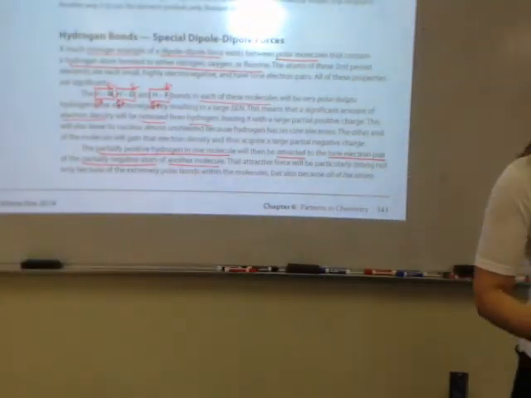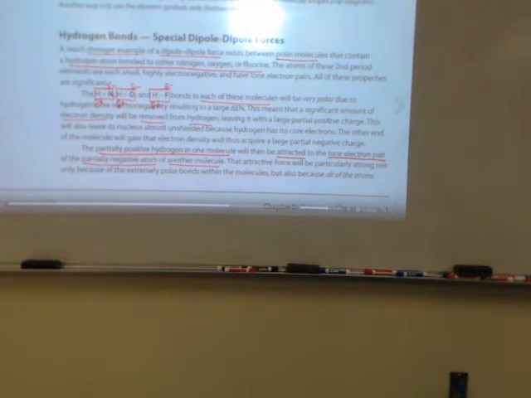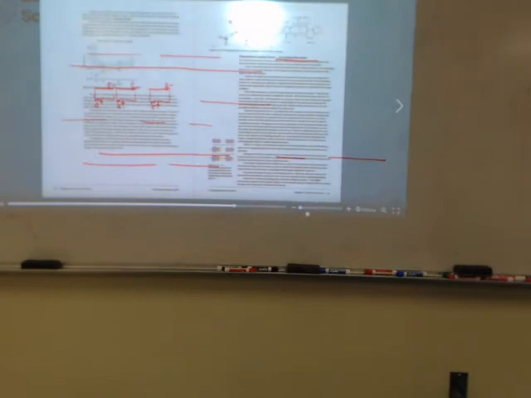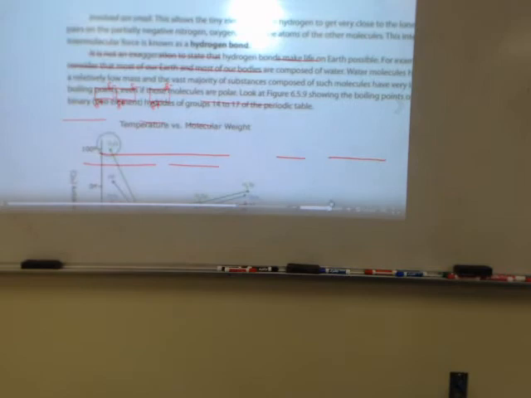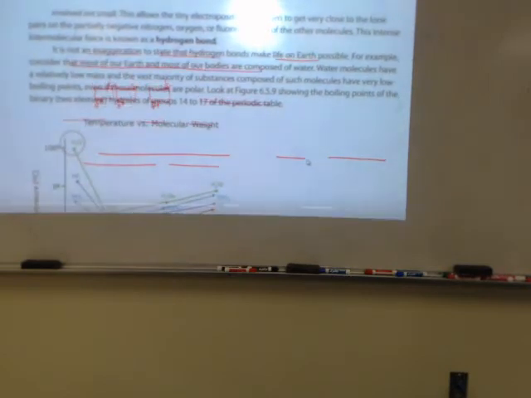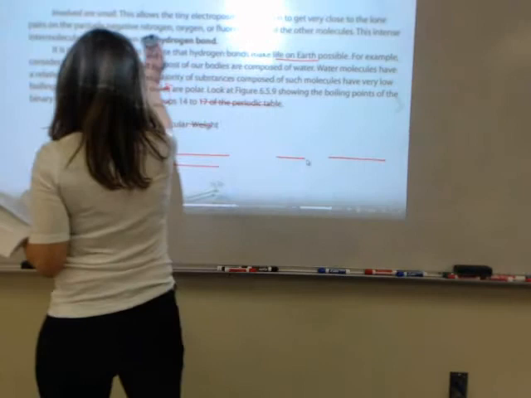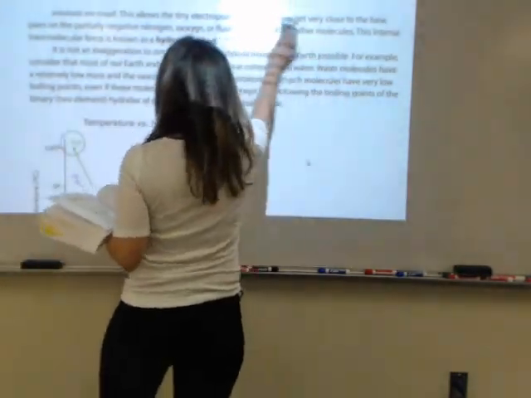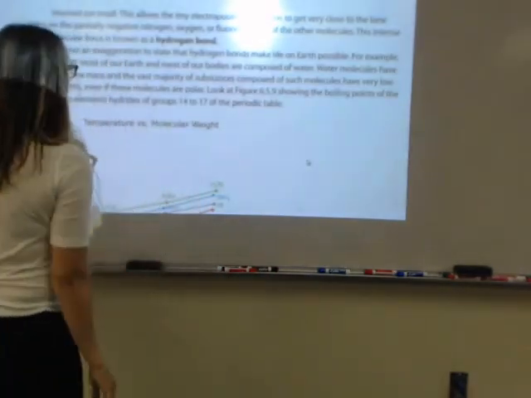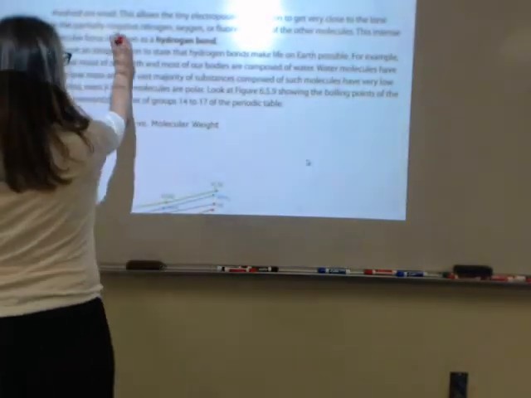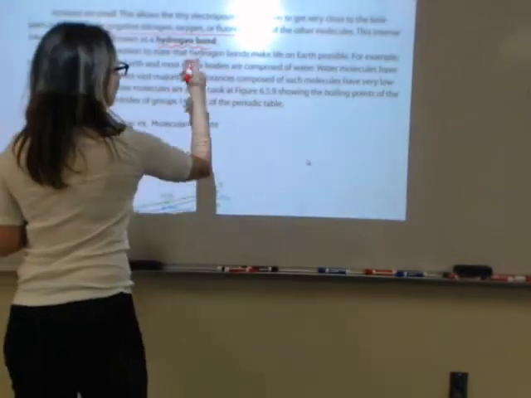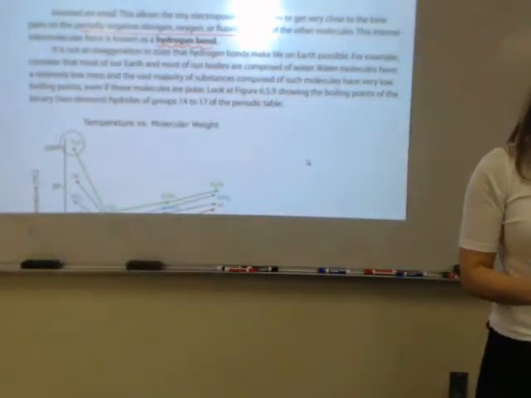Since hydrogen is such a tiny atom, it's able to get so close to the lone pair of electrons on the partially negative nitrogen, oxygen, or fluorine of the other molecule that it creates this intense attraction known as a hydrogen bond.